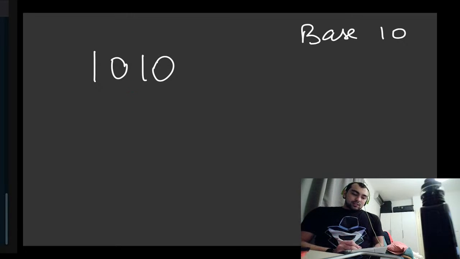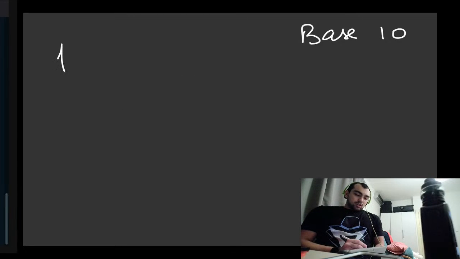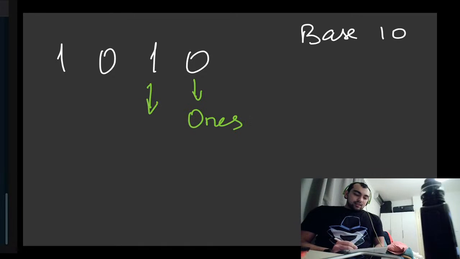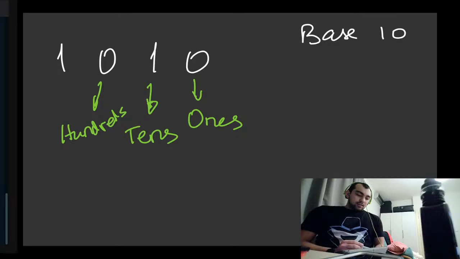So for example, let me do this larger: 1010. You probably learned that this can be separated into, let's say this is the ones, this is the tens, this is the hundreds, and this is the thousands, right? Are you guys familiar with this? You probably learned this in high school. So you have the ones, the tens, the hundreds, and the thousands. And this makes sense, right? Because obviously this is the ones.